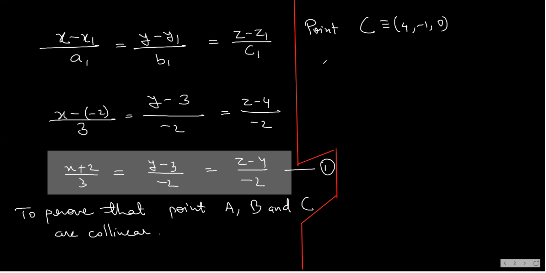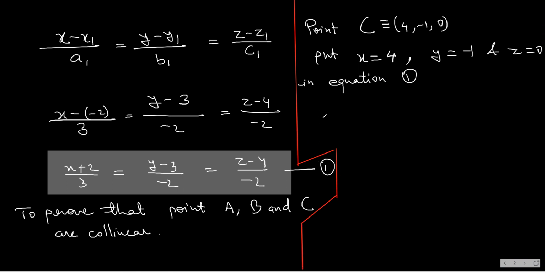I will put x equals 4, y equals minus 1 and z equals 0. See, this is x, this is y, this is z. Put x equals 4, y equals minus 1 and z equals 0 in equation 1 here.